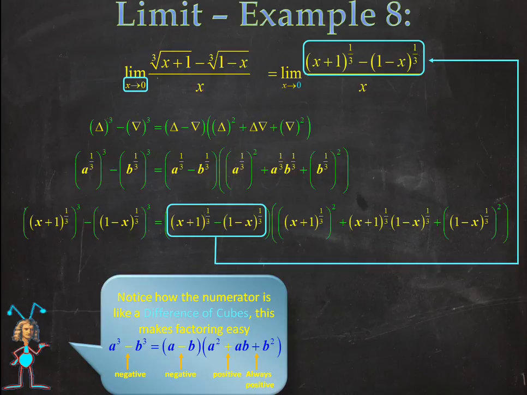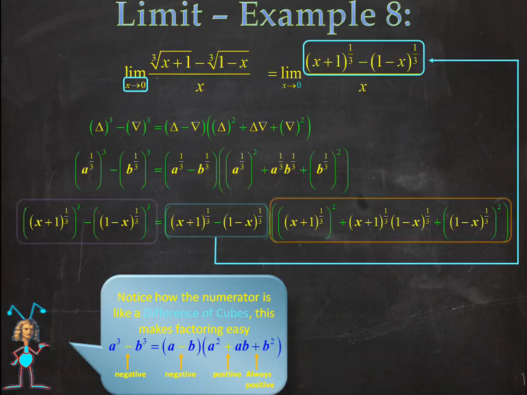This is telling us that if we multiply this term by this value, and that is the product of these two beasties, they will actually simplify to this. That is the clue that we're going to look for. We're going to multiply our numerator by the orange box, and we will get the answer in the purple box.